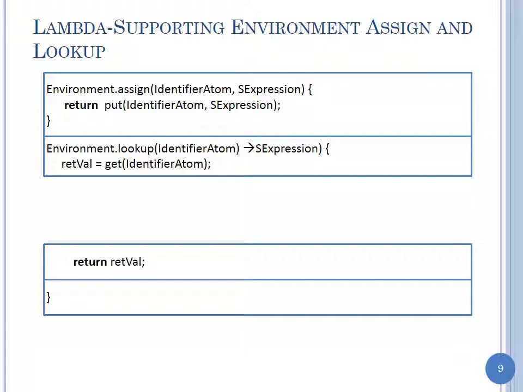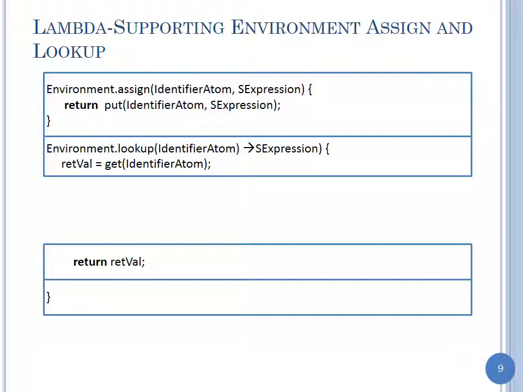So let's begin with this. Let's first say I'm just going to have assign do a put, and I'm going to have lookup do a get. I said they must change, but in this first try I don't change.